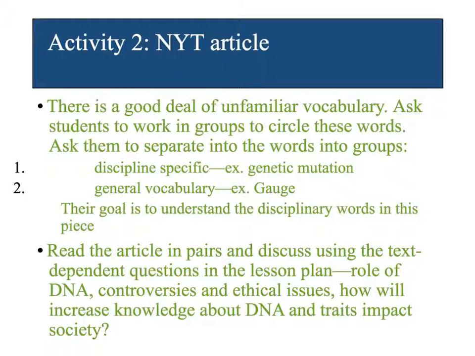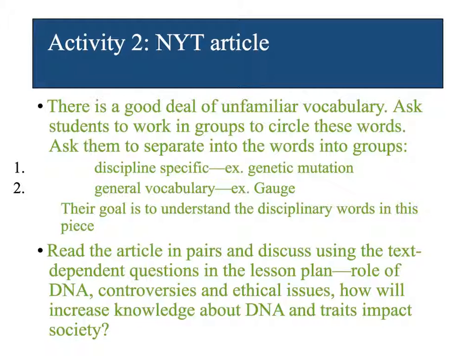So a word like gauge is a general vocabulary word. A word like genetic mutation would be a discipline-specific word. And their goal is to understand the discipline-specific words in this piece, and then to have enough information to understand the sentences for the rest of those terms.